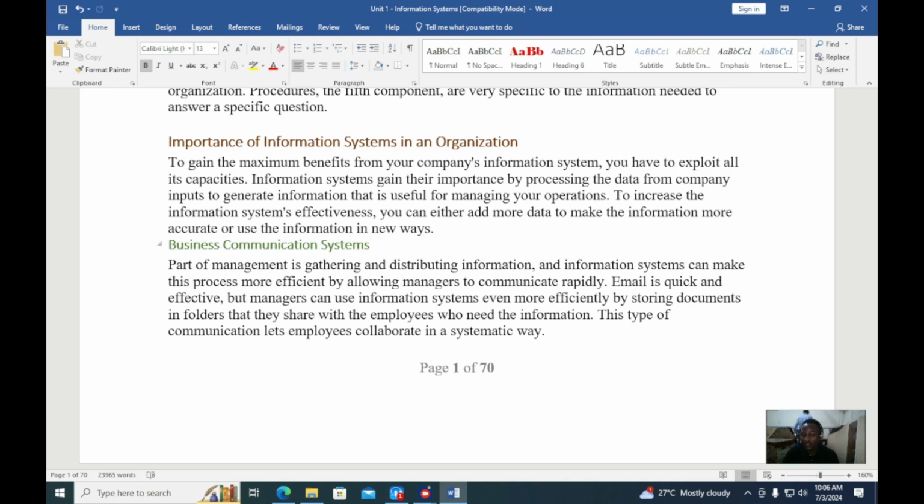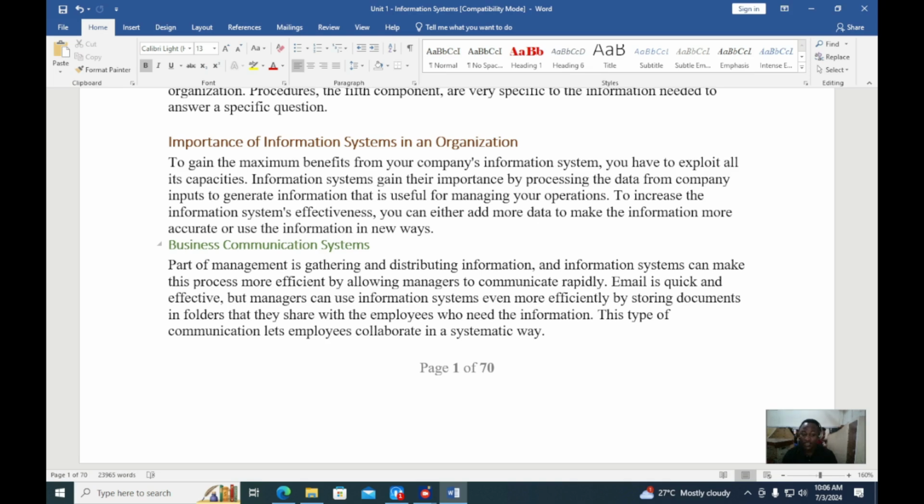So we're going to look at the importance of information systems in different areas, and the first area is business communication. If you look at the work of management, the management in a business is gathering information and also distributing information.